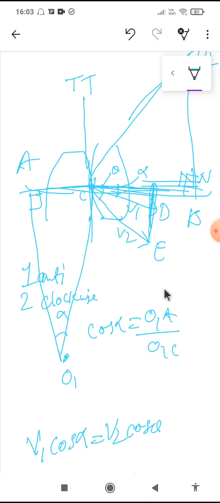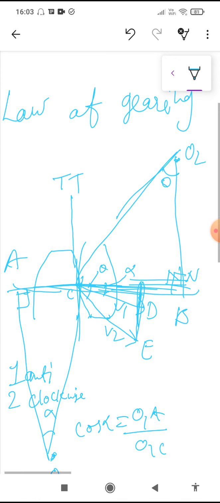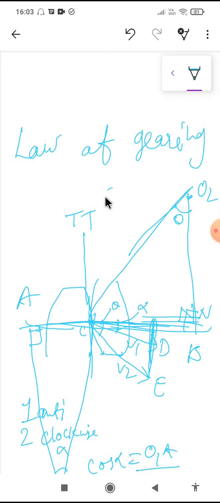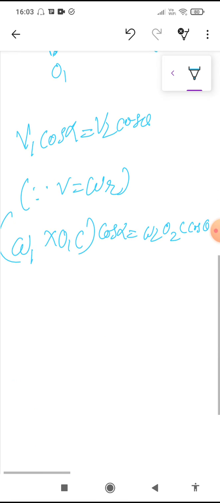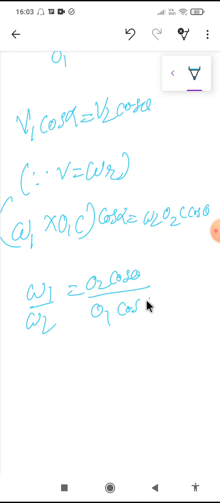And similarly for this triangle, cos theta will be equal to O2B upon O2C. Therefore we can write that omega 1 by omega 2 is equal to O2C cos theta divided by O1C cos alpha.